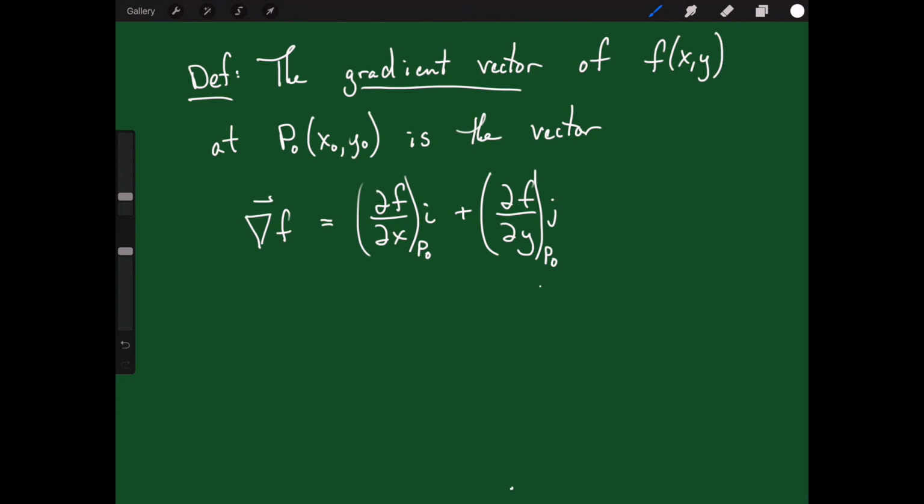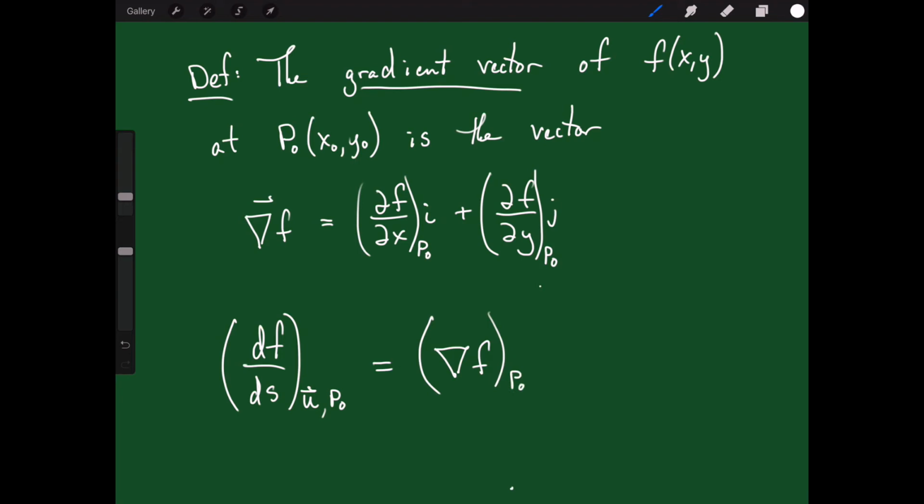So now that I've named this the gradient vector, I could write the following: the directional derivative of f with direction u at point p0 is equal to the gradient of f evaluated at p sub 0 dotted with the unit vector u.